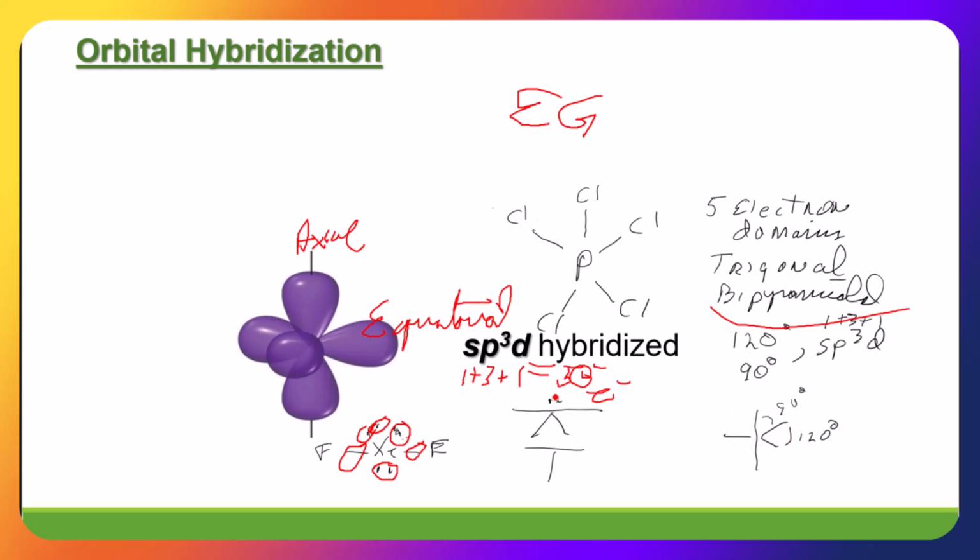Now, over here, one of the equatorial positions is occupied by a non-bonding pair of electrons. You still have 1, 2, 3, 4 bonding domains, but you've got one non-bonding domain.